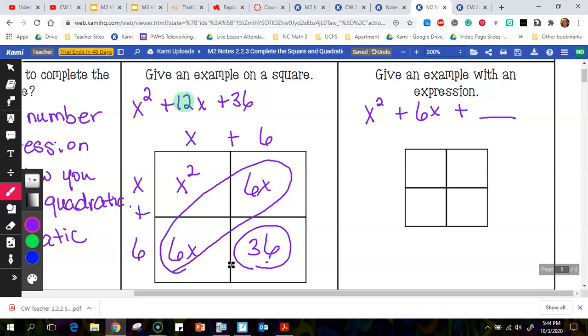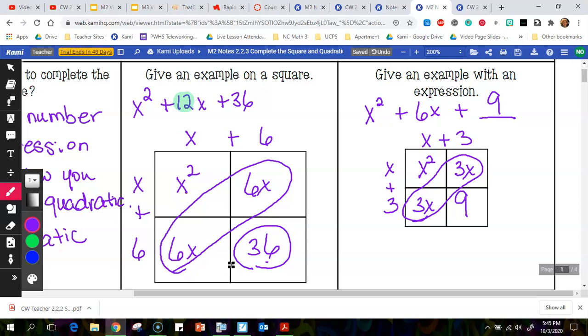Well, we know it's going to be a 3 right here, right? I'm going to put this on this square, but it's not really necessary because we've already been through this. We know it's going to be a 3, and then the 3 times the 3 is the 9, so that's what goes there. And all of these other ones should match up. Of course, these two add together to get the 6. That's just a longer, drawn-out way to do what we just did on the previous page.